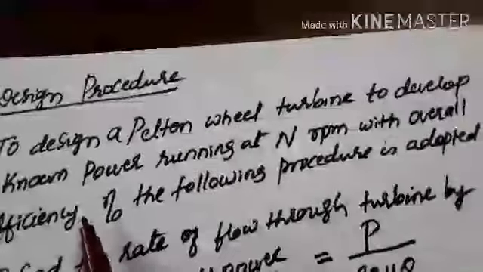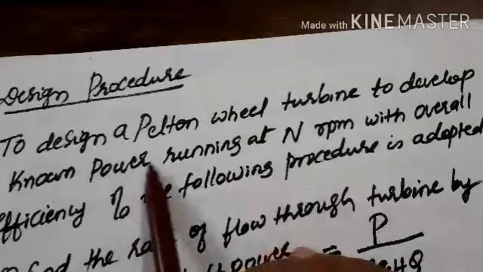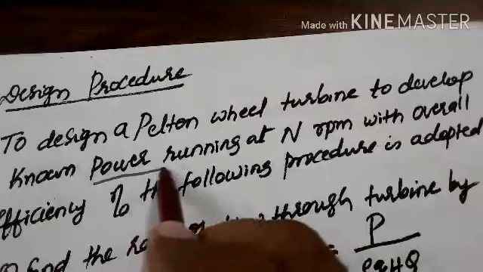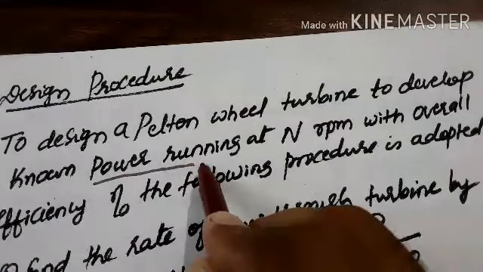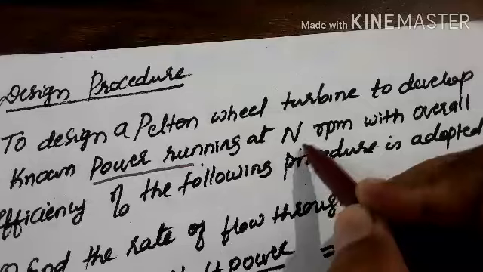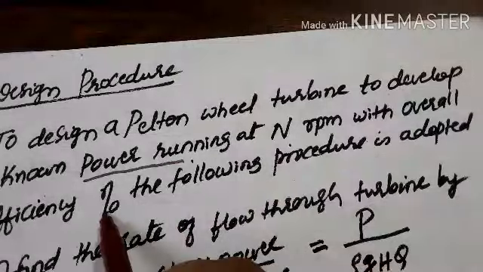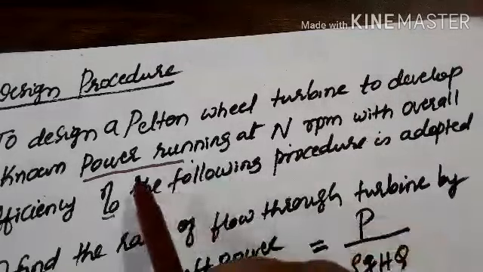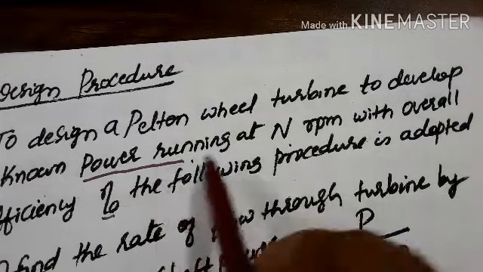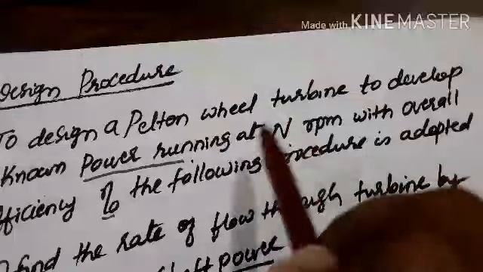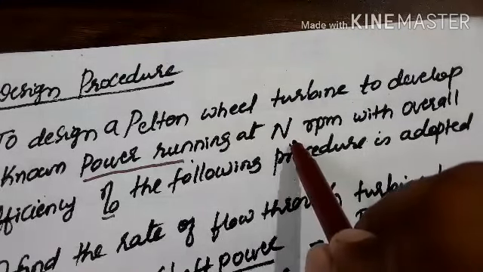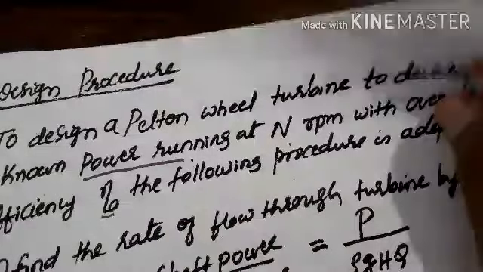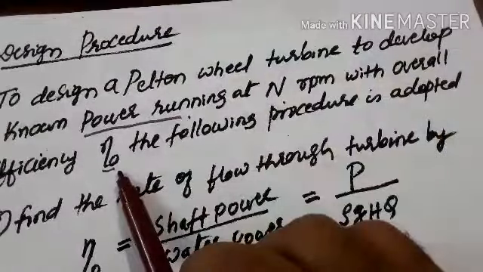So in this design procedure, the design of a Pelton wheel turbine to develop a known power P running at n RPM with an overall efficiency of eta O, the following procedure is adopted. It means the power will be given, the RPM of that wheel will be given, and the overall efficiency.